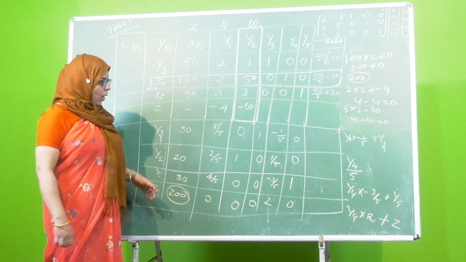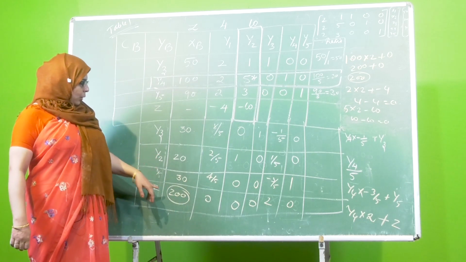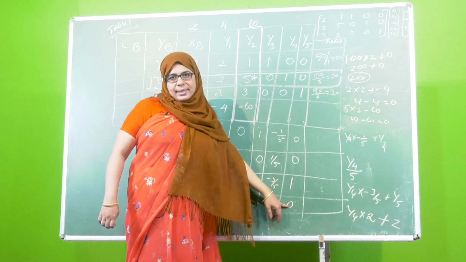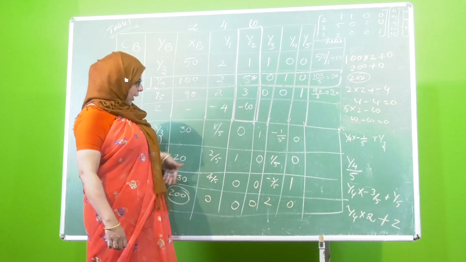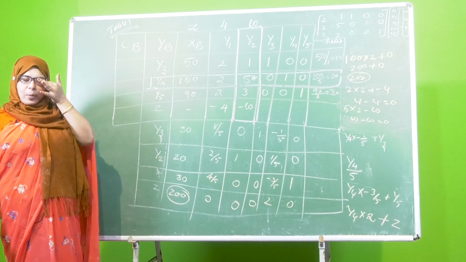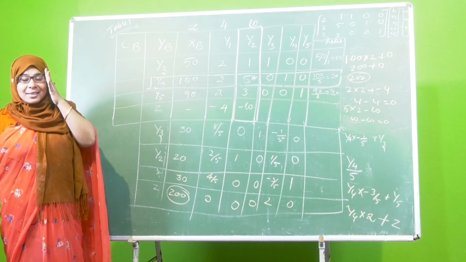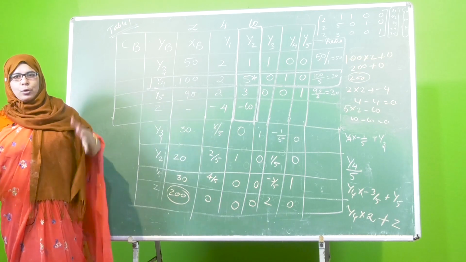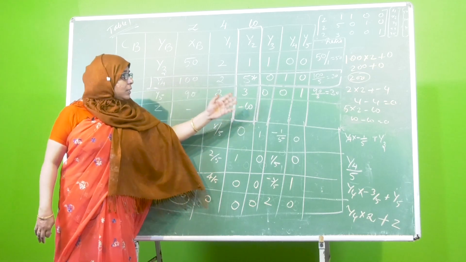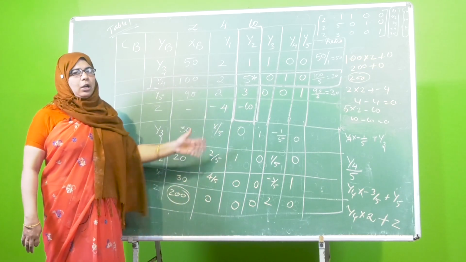So in Z what are we getting? 200, 0, 0, 0, 2 and 0. In Z we are getting only these positive values. So what are the rules given in the problem? You have to concentrate only on Z values. First of all, you have to choose the row and column. First you have to choose the column.